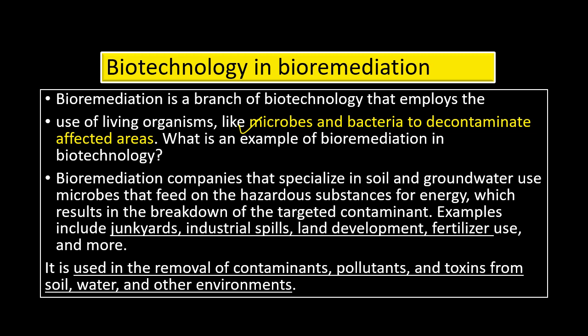Mostly, during different company productions, contaminants come from junkyards, industrial spills, land development and different fertilizers. These contaminants are digested or removed through different types of microbes and bacteria. This is known as bioremediation.